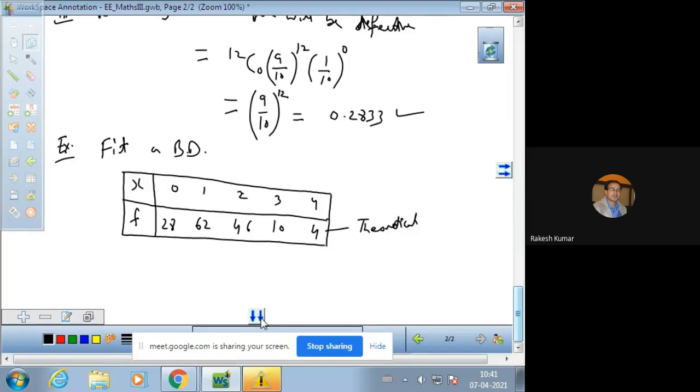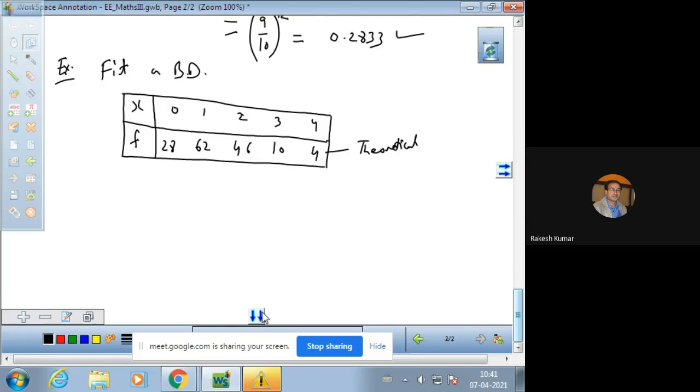Now we will make the calculation and find the calculated frequencies. First of all we require the mean, and you know that the mean of the data, mu, is equal to sigma fx over sigma f, and the mean of a binomial distribution is np. So from this you will be able to find the value of p.